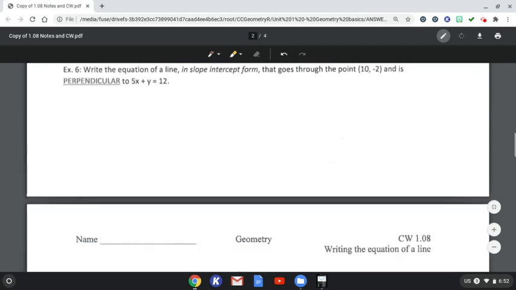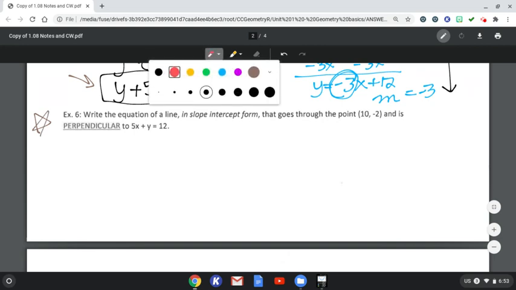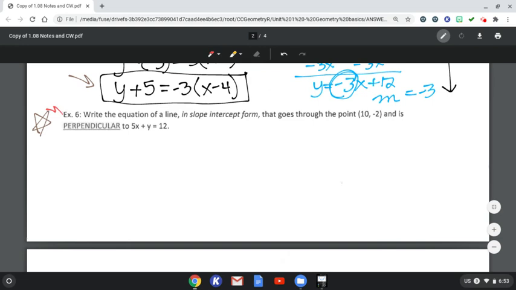So the last example here for the notes is going to be exercise 6. For this question, it asks us to write the equation of a line. So again, we're going to use our point slope formula in slope-intercept form. So we're going to have to solve it this time. That goes through the ordered pair x1, y1, 10, comma, negative 2, and is perpendicular to 5x plus y equals 12.